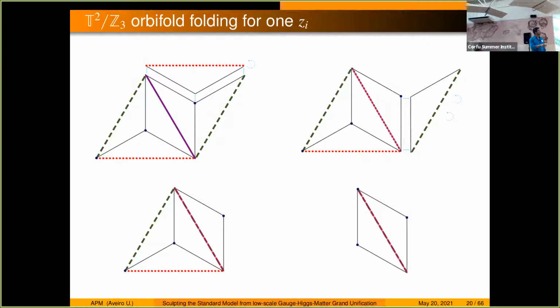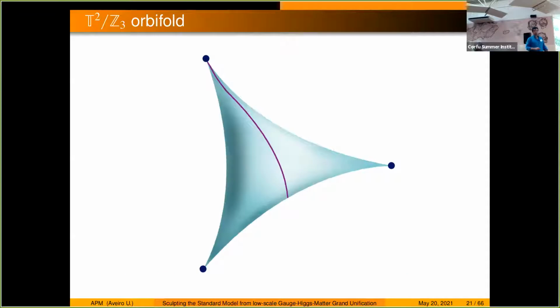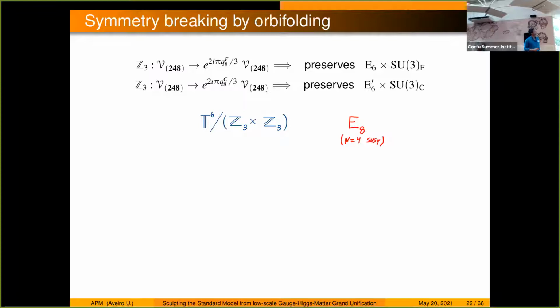And the fixed points are these blue ones here, where you have a four-dimensional theory. And this can be represented for only one complex extra dimension as this Dorito-like picture with the fixed points here in the edges.